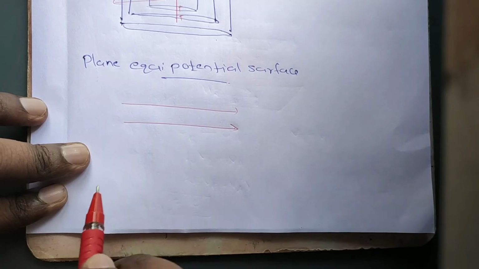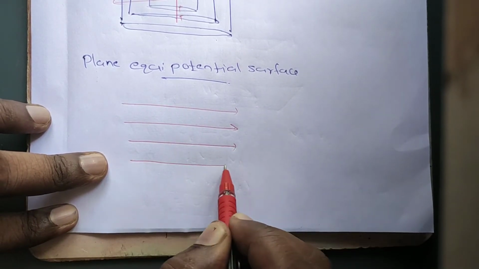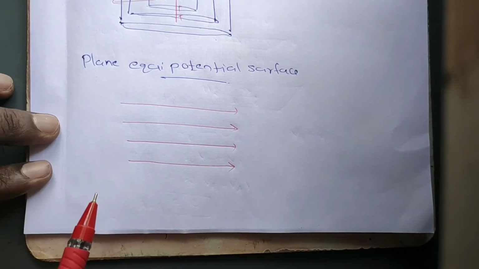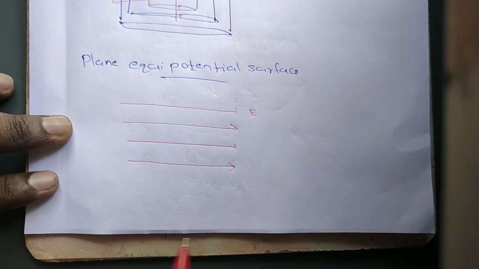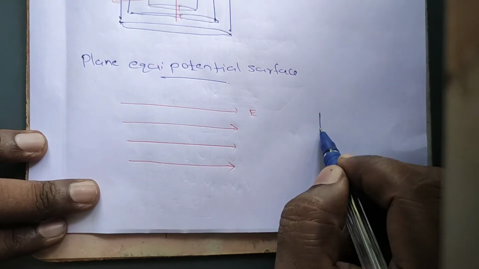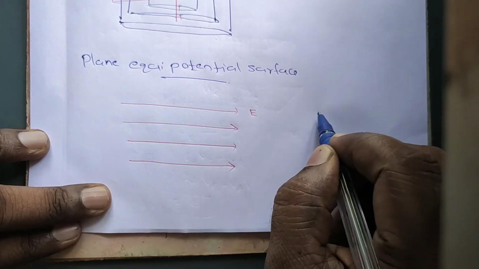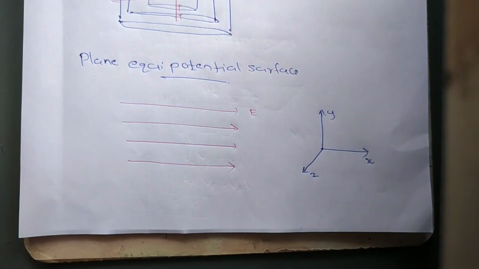How will you represent a uniform electric field? We represent the uniform electric field by equally spaced parallel lines. So this is the electric field. It is in which axis? It is parallel to the x-axis. This is the y-axis, this is the z-axis. So the electric field is parallel to the x-axis.